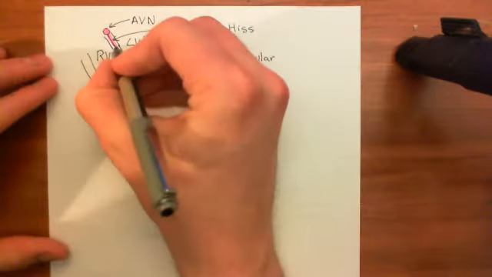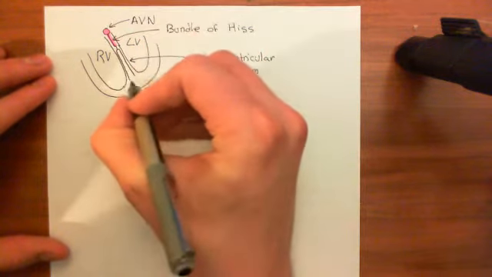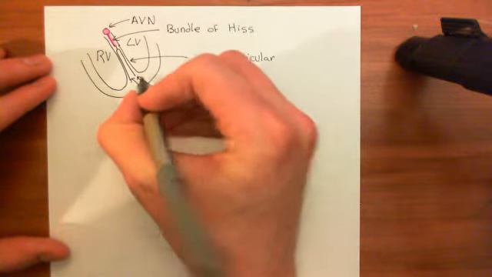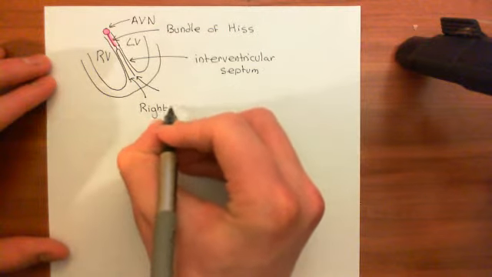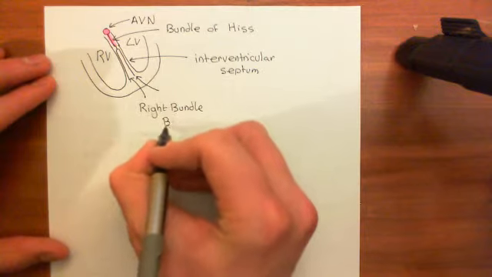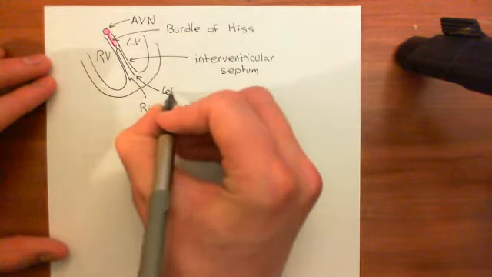Then the bundle of His splits into two halves, like so, called the right bundle branch and the left bundle branch. This is the right bundle branch here, and then we've also got the left bundle branch, which is going to service the left ventricle.